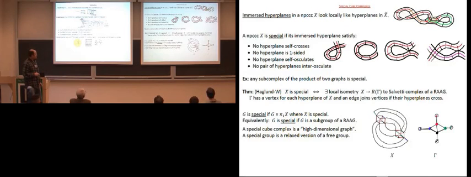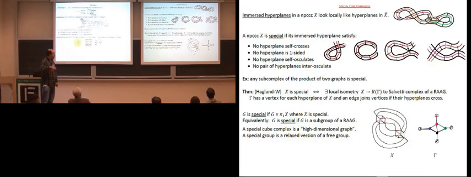Third, no hyperplane self-osculates. That means it doesn't come back and come close to itself like that again. So what do I mean? Technically, this red hyperplane is dual to these one-cubes, and what we require is that a hyperplane is not dual to two different one-cubes that are adjacent to the same vertex.